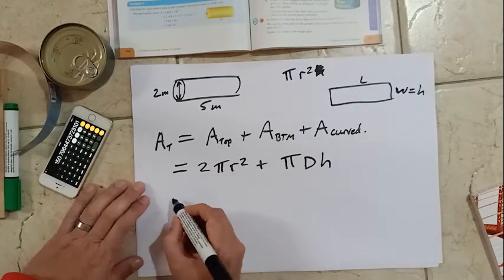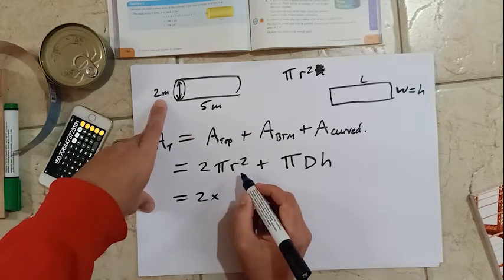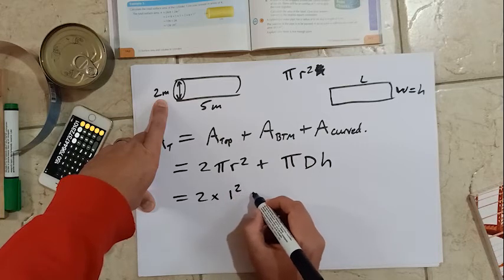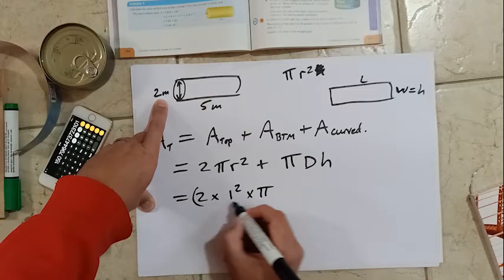Let's pop the numbers in. Equals 2 times r squared. Well, the diameter is 2 meters, so the radius is 1. Oh, I missed out pi. Times pi, doesn't matter which order.